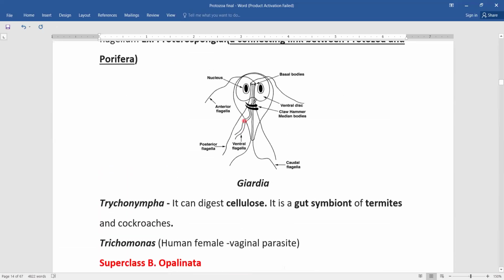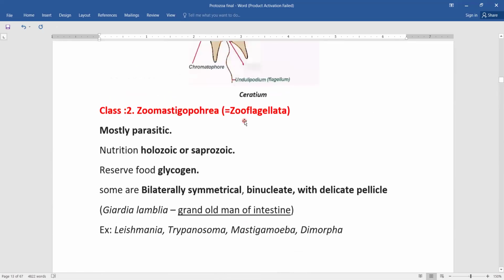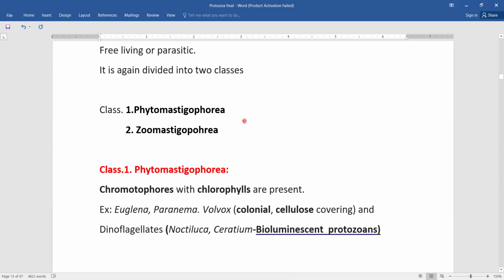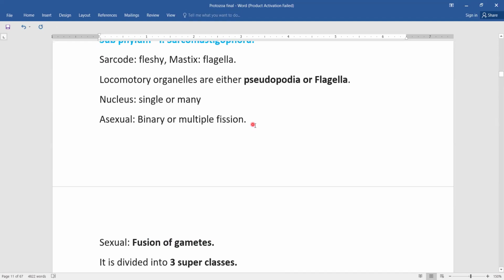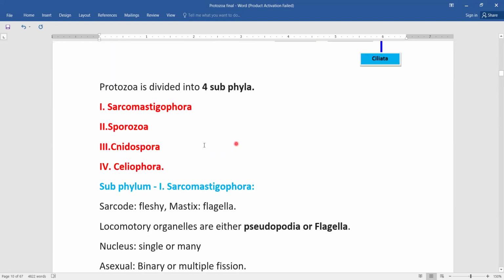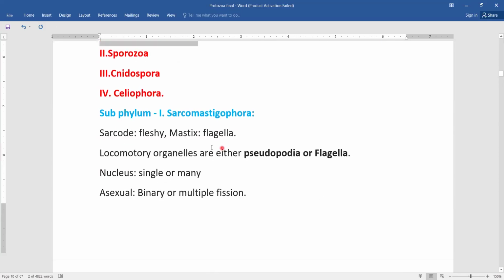So the first subphylum is Sarcomastigophora. We have completed Sporozoa, Cnidospora, and Ciliophora. This is a very long, bigger subphylum, Sarcomastigophora. Sarcod means fleshy; here, fleshy refers to the pseudopodium. Mastix means flagella.